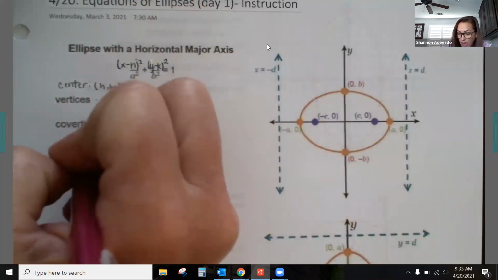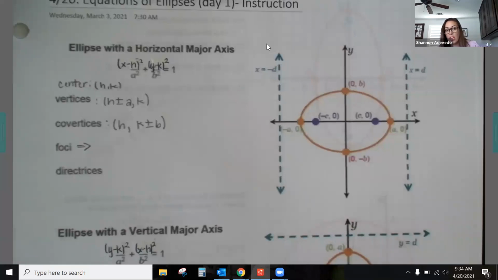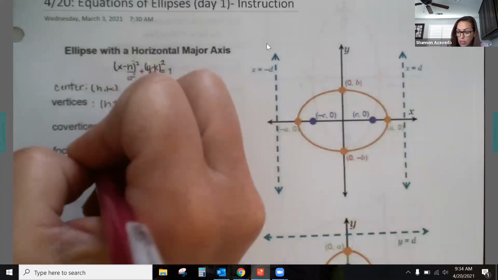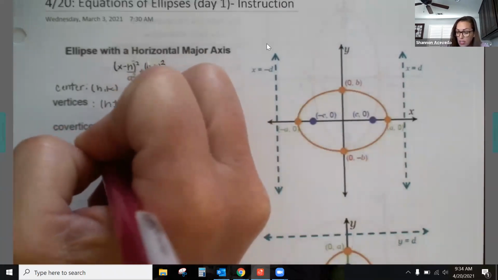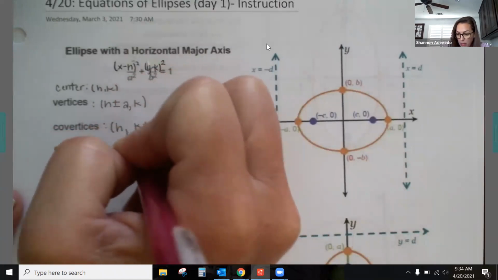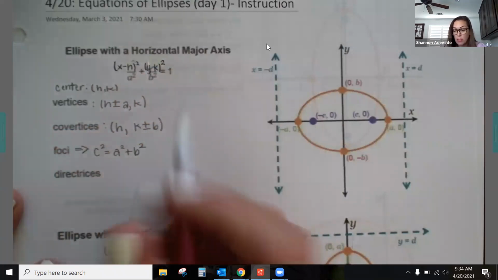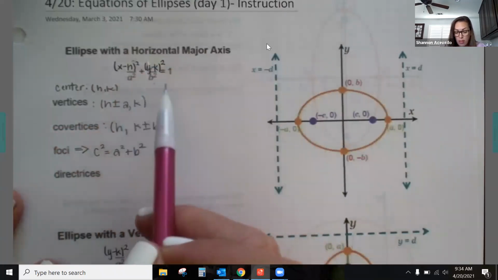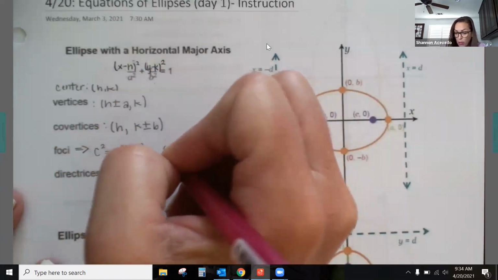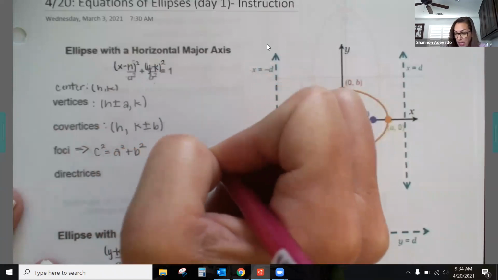My foci are always going to be on the major axis, so I'll label that, and we use our C value. C squared is equal to A squared plus B squared. So we need to figure out what C is, and you can solve for that from your A and your B values. These are your A and your B values down here. And then the point where the focus is going to be is H plus or minus C, K.